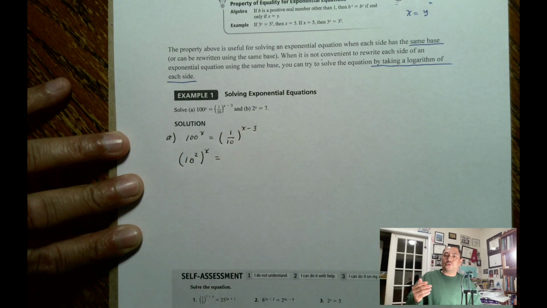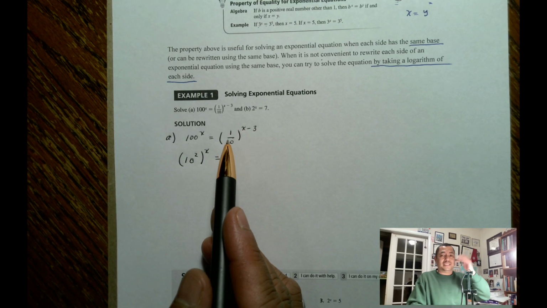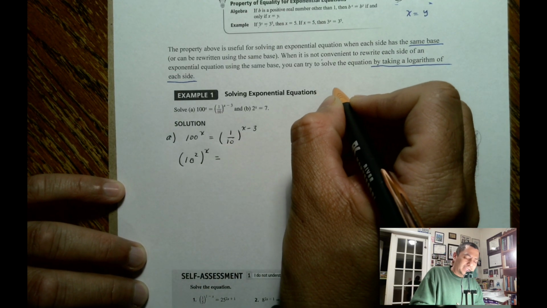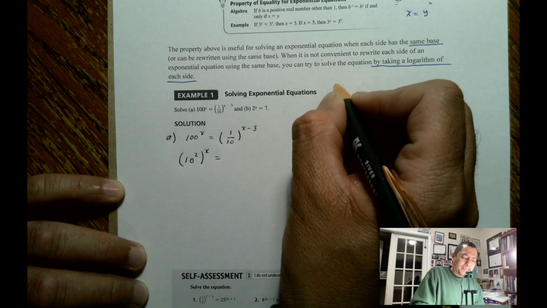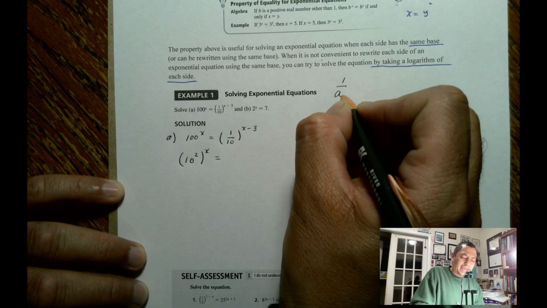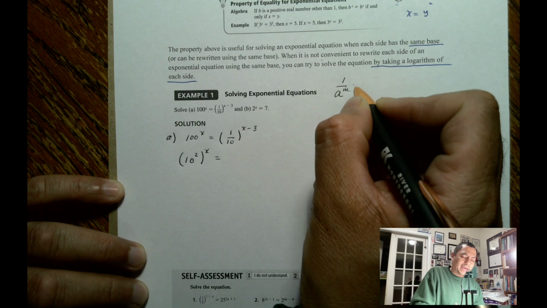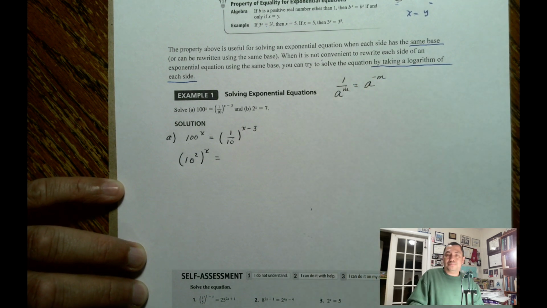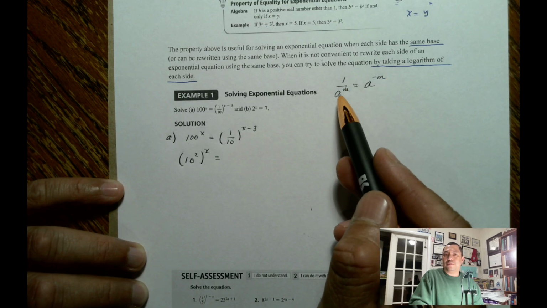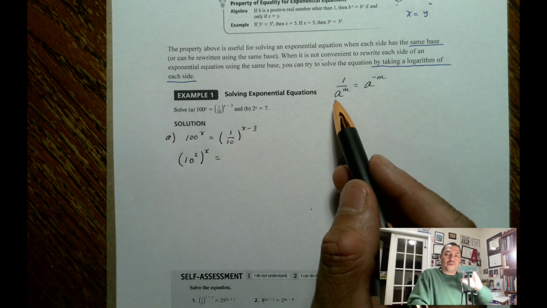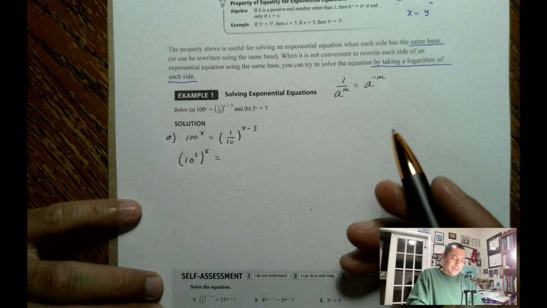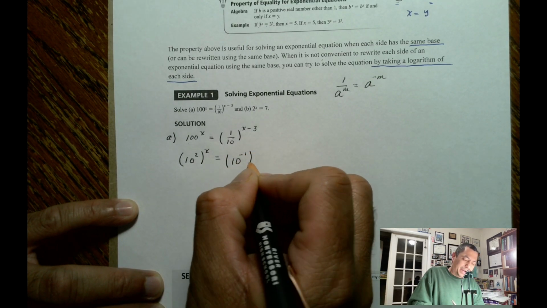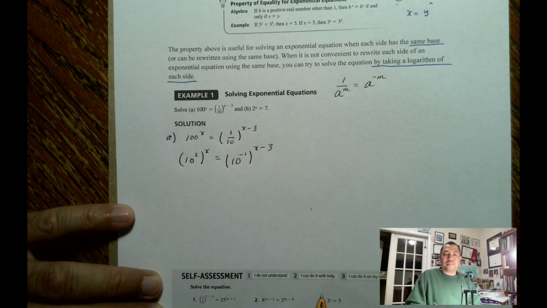Now this is equal to, I do have the 10, but it's in the denominator. So remember the property of exponents. If I have 1 over a to the m, I can have it equal to a to the negative m. So we're doing the reverse process. In this case, I'm going to have 10 to the negative 1 times x minus 3.